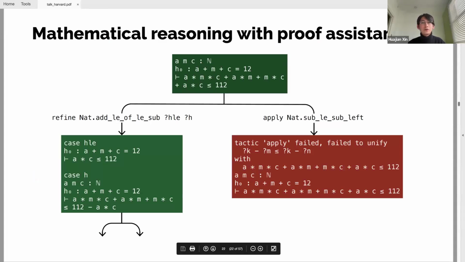Process feedback of theorem proving in a formal system works like this. For example, given a specific hypothesis before the turnstile symbol and the goal after the turnstile symbol, this constitutes a so-called proof state, or tactic state in the Lean language and other tactic-based proof assistants.